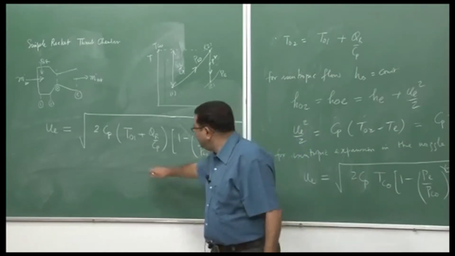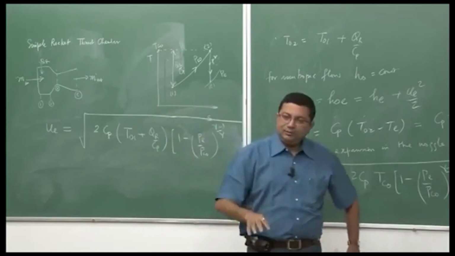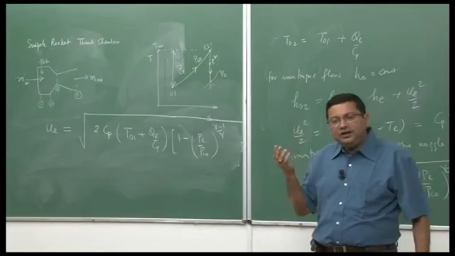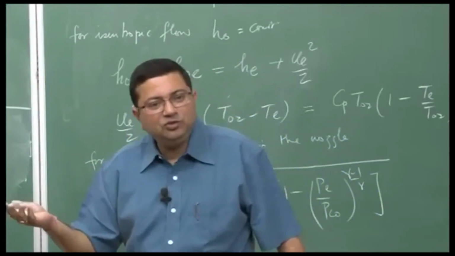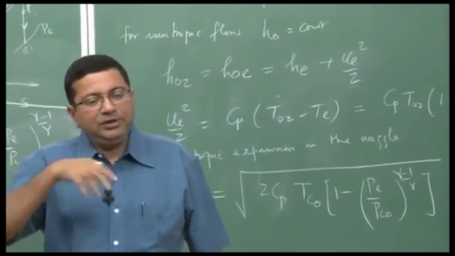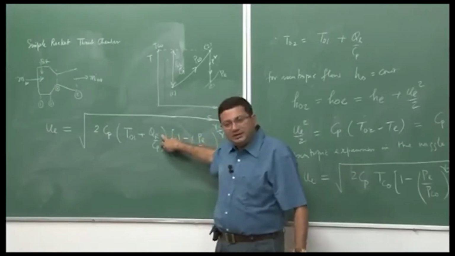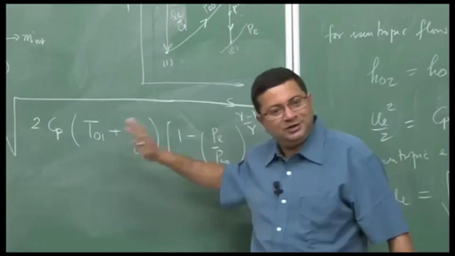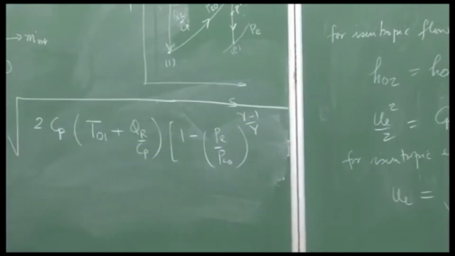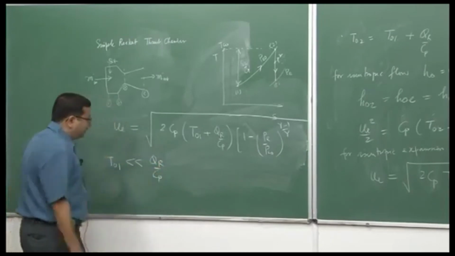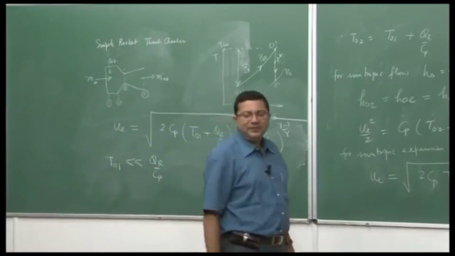So, T01 is typically low, and then combustion occurs, there is a rise in temperature. Temperature can increase by about 2000 up to 3000 Kelvin, quite a bit of temperature rise. So, this Qr upon Cp, which is a temperature rise, is much larger than the incoming temperature. So, essentially we can write T01 is much smaller than Qr upon Cp.